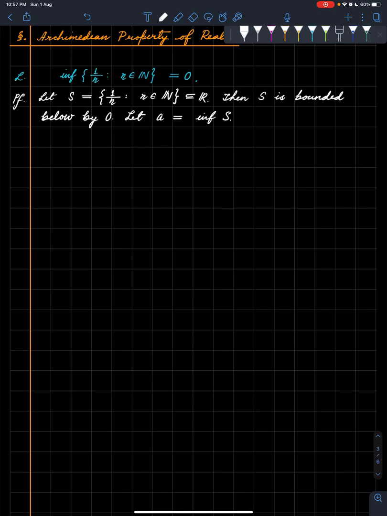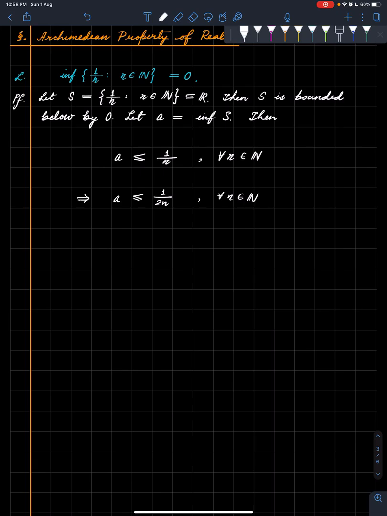But then note that by the fact that A is the greatest lower bound, it is at least a lower bound, and therefore A is at most any element in S. So we can write this for all natural numbers, which implies that A is smaller than this for all natural numbers.